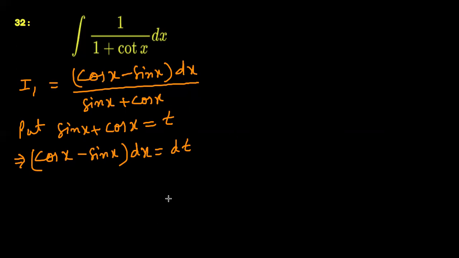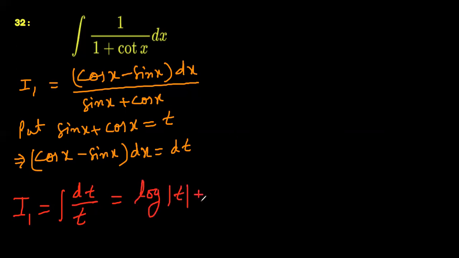Our I1 is now the integration of dt over t, which, applying the standard formula, is log of mod t plus c. Let's say c1, which is also a constant.